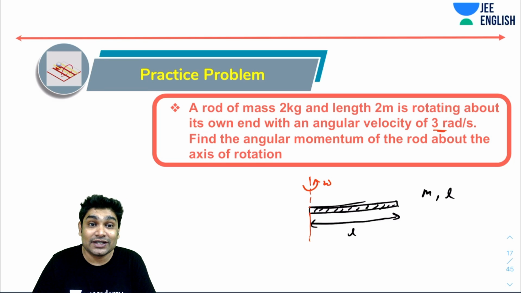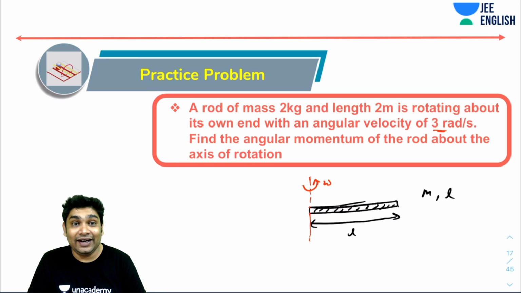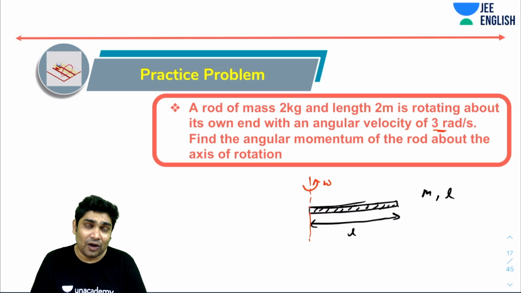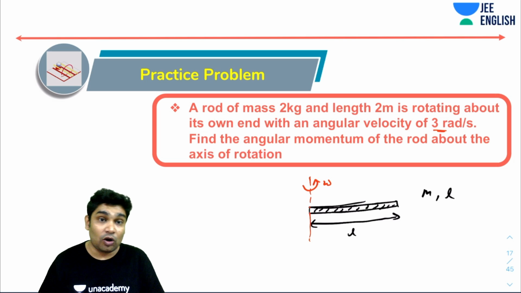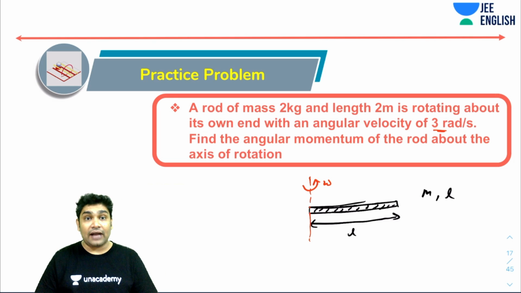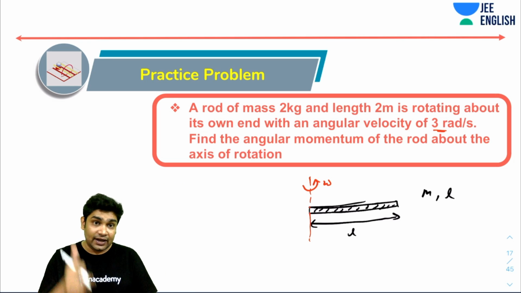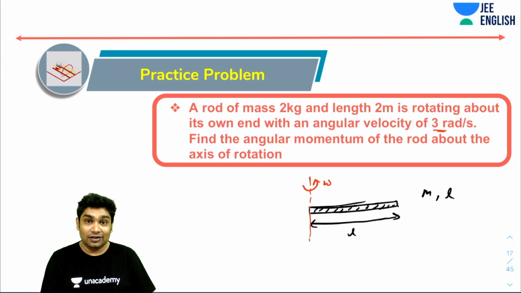So this is the case. Find the angular momentum, and obviously angular momentum would always be directed in the direction of the omega vector. For pure rotation, always remember that.